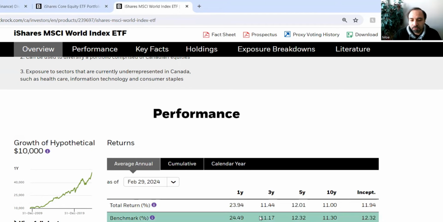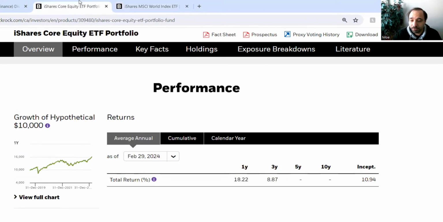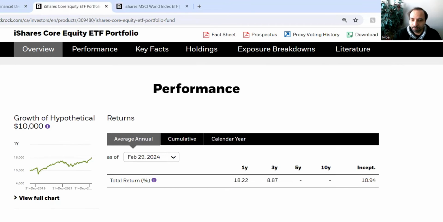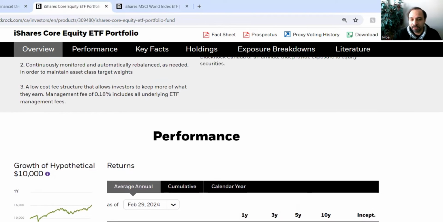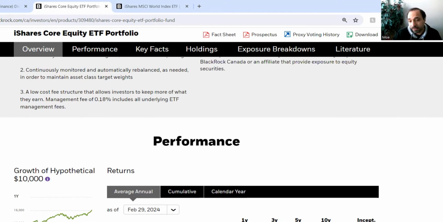But we can try to see just how they've done, at least in comparative periods. So for example, for the 1 year return, at the end of February, the XWD showed a positive return of 24%. Really impressive return. Keep in mind that a lot of it has to do with the incredible return that the stock market in the US has had over the past decade. And given that you're getting a lot higher exposure to the US market in XWD, it's reflected there.